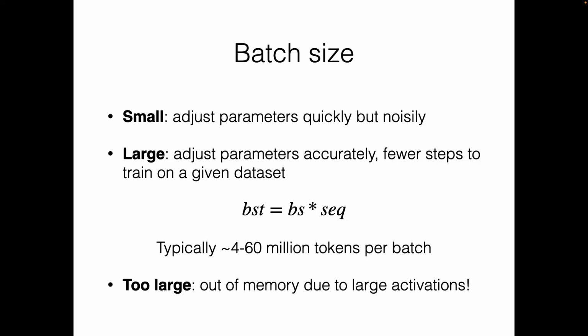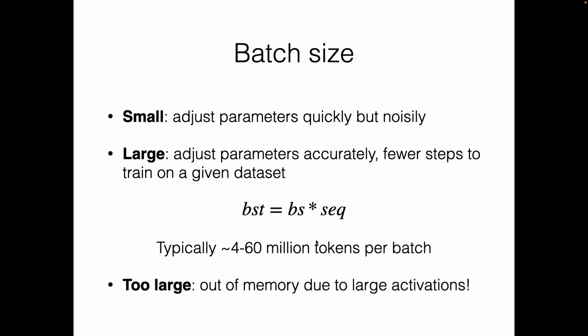Then you can process more tokens in a given number of steps by just increasing the batch size. So typically you don't see really small batch sizes for pre-training. You'll see ones that are like 4 or even 60 million tokens per batch. Hopefully that gives you some sense that this batch size in terms of tokens will be non-trivial.